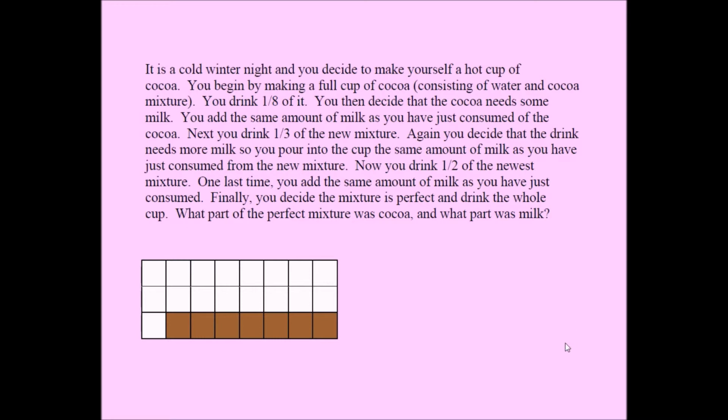The question says, what part of the perfect mixture is cocoa? And what part of the perfect mixture is milk? Well, there are 7 boxes for cocoa. So I'm going to say cocoa is going to be 7 over 24.